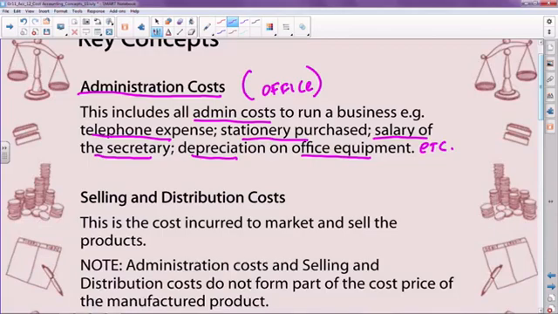Right, next concept, selling and distribution costs. This is the cost incurred to market and sell the products. So any costs relating to the selling and distributing of the products will fall under the category selling and distribution costs. So for example, you may have a sales rep.